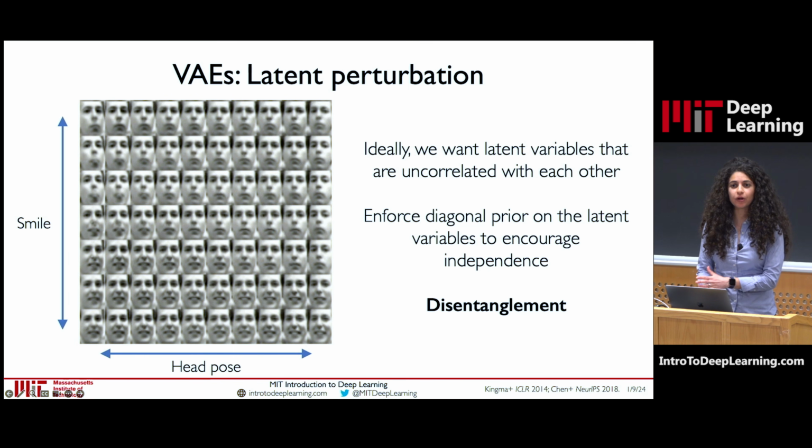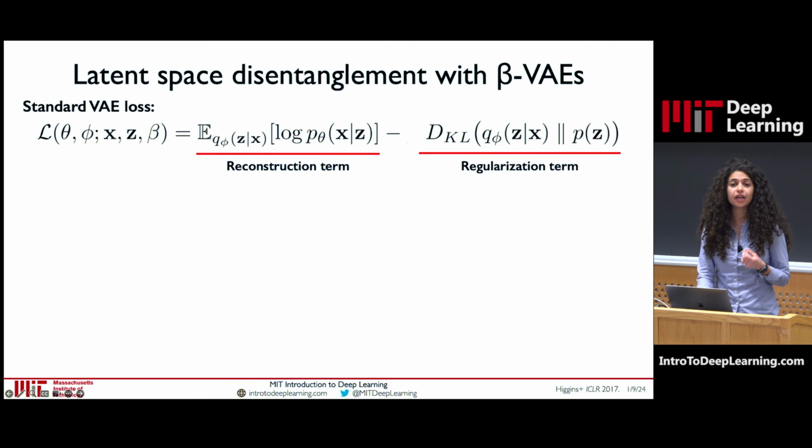Turns out, in practice, there's a pretty straightforward solution to actually encourage disentanglement when you learn a VAE. And the solution is to basically weight the reconstruction term relative to the regularization term and tune the relative strength of these two components of the loss to encourage disentanglement.